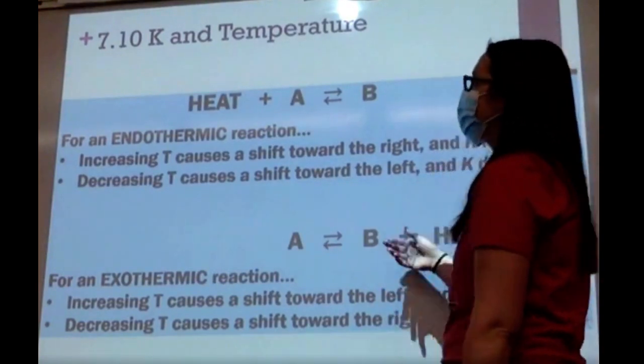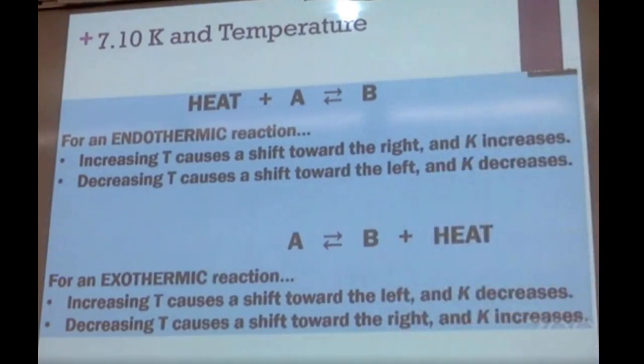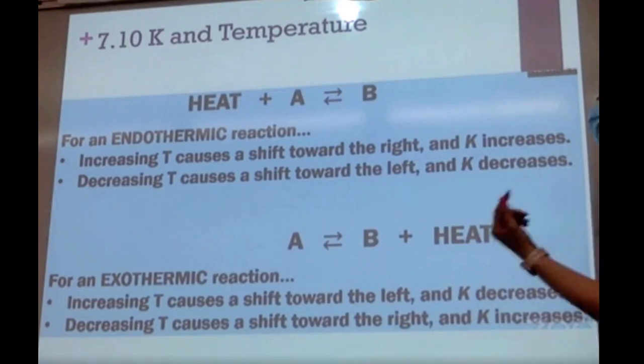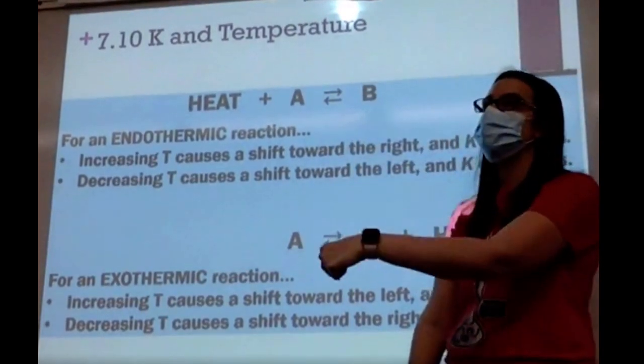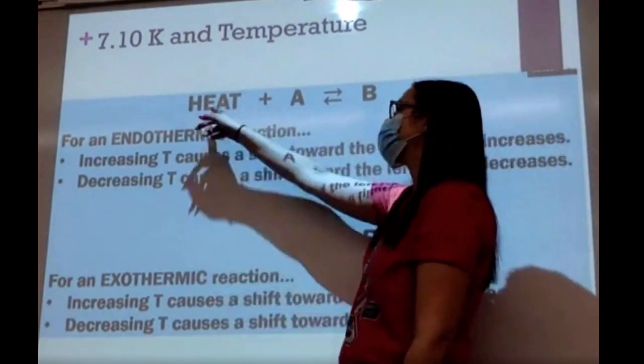So I added this into topic 10 because this is looking at Q. You could also tie this into Le Chatelier's principle. But it depends on if the reaction is exothermic or endothermic. Remember, when the reaction is endothermic, heat goes into the system. So heat acts as a reactant.